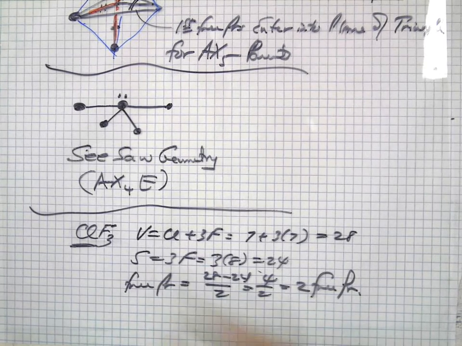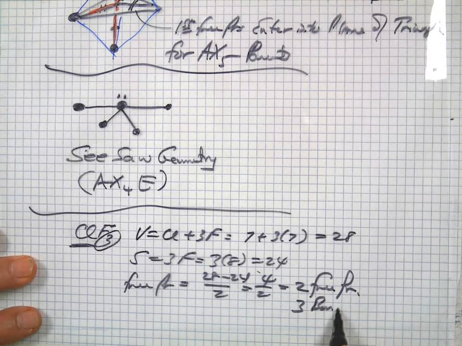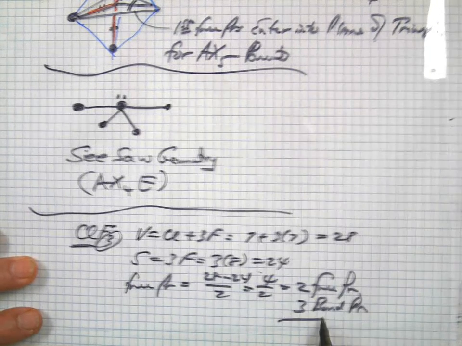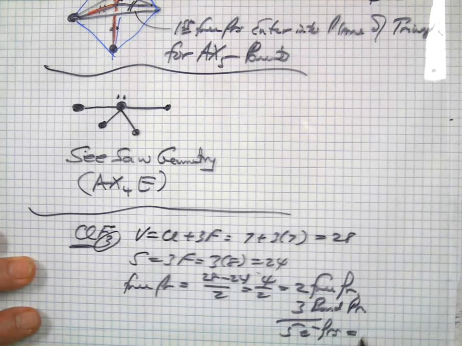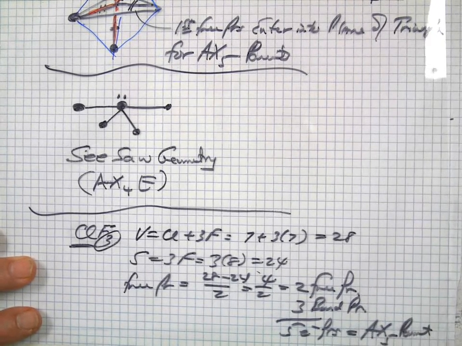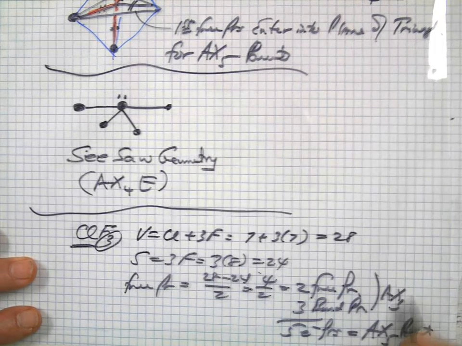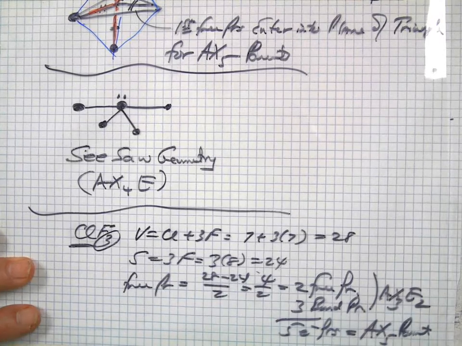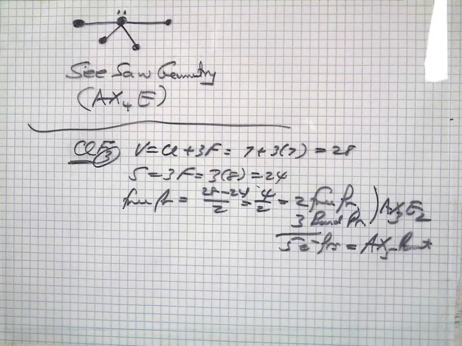And from the molecule itself, we have 3 bonded pairs. So the total is 5 electron pairs, which is an AX5 parent. But the geometry is an AX3E2, based upon the trigonal bipyramid parent.